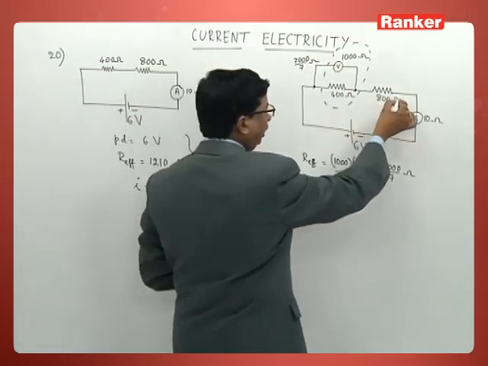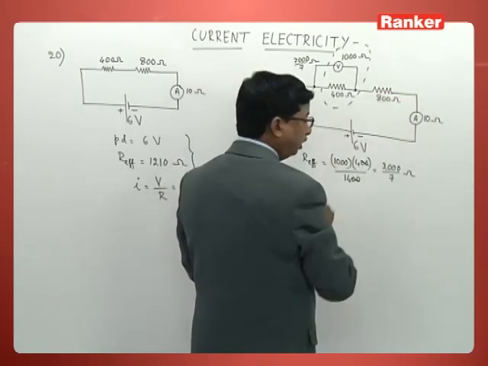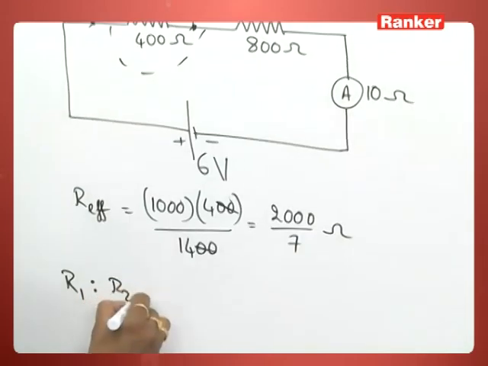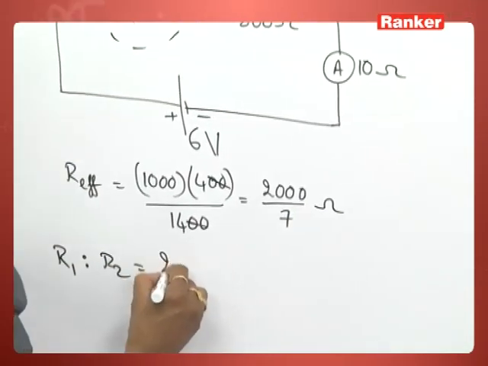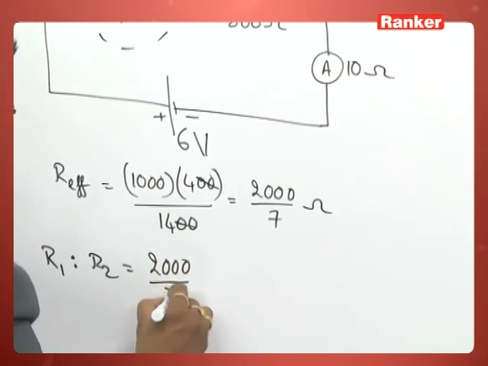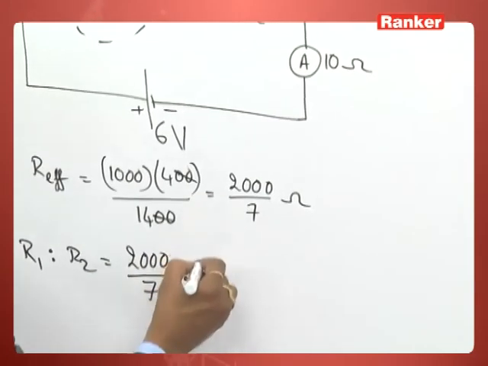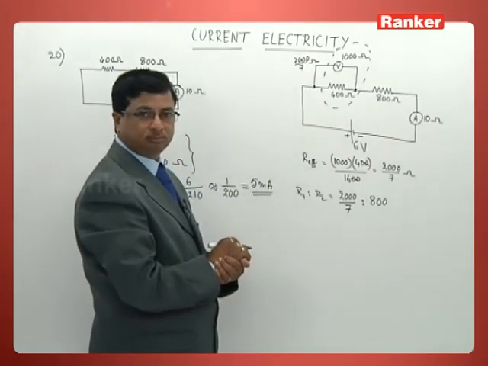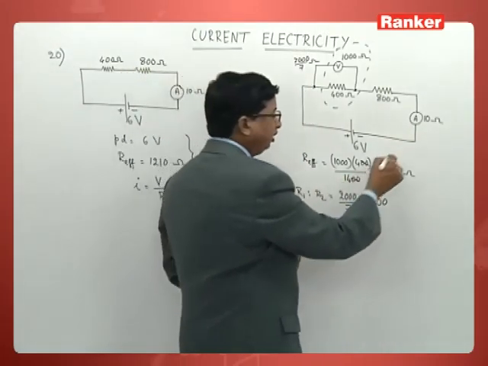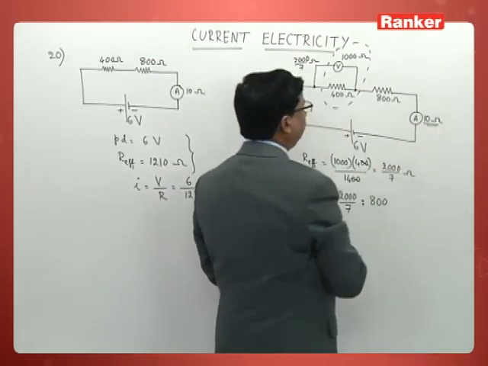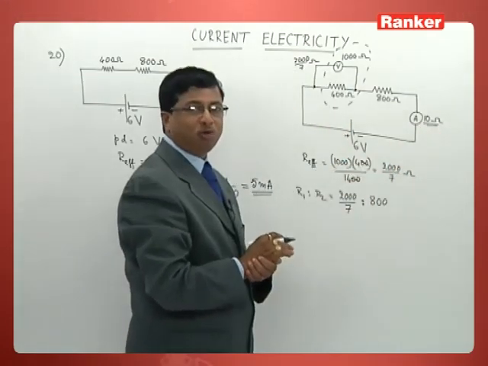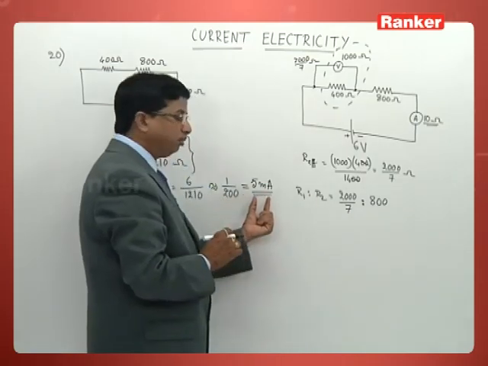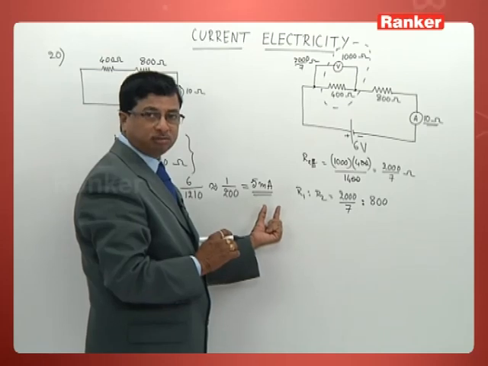Now if you take this one as 800, the other one what has been given, tell me what is R1 to R2 first. This is 2000 by 7 to 800. I am not considering this 10 ohm value because that is a meager value. Earlier also, by neglecting that, we got nearly 5 milliampere.